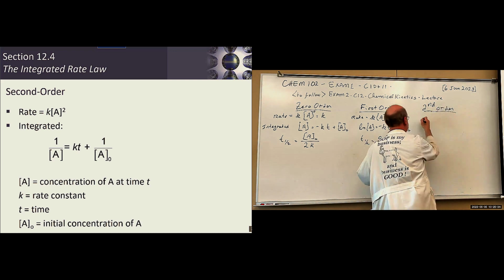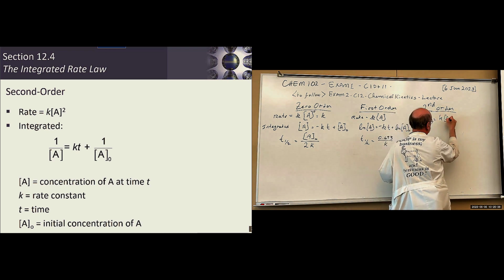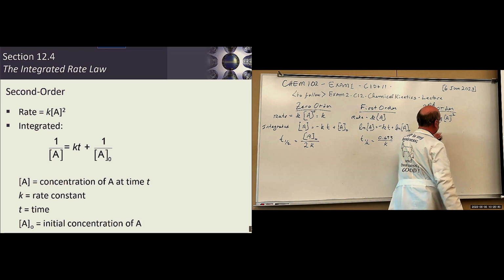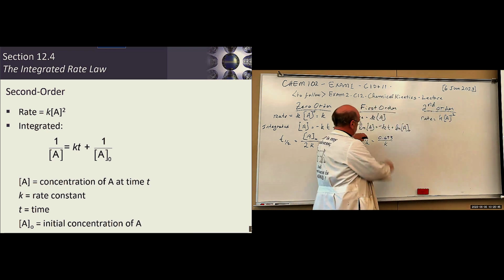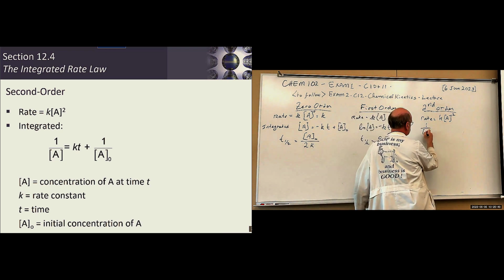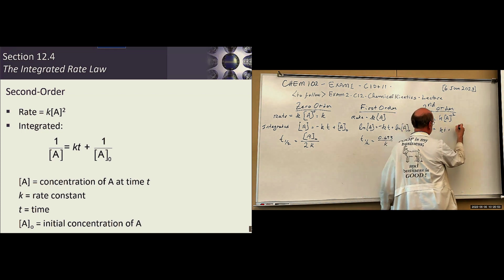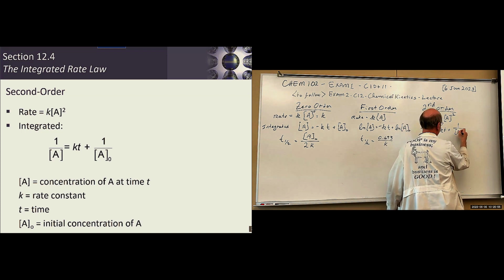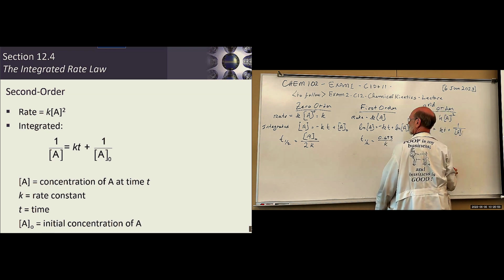Okay, second order says that the rate is equal to k A to the second power. And the integrated rate law, rather than logarithm, is the inverse of A, and A0.